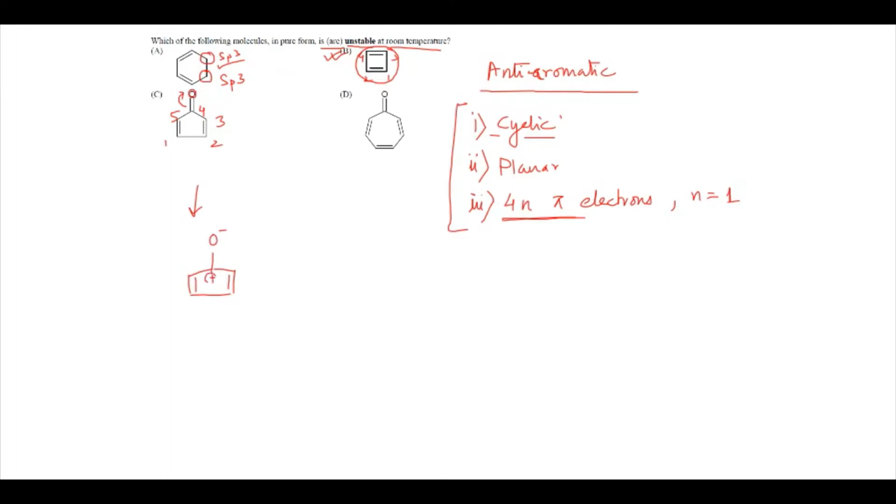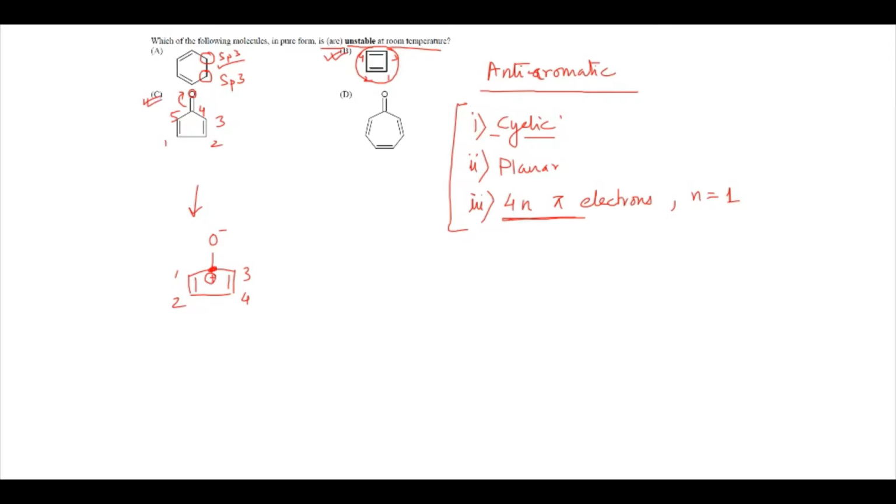Now if you check, it has a cyclic structure. It is planar because all the carbons are sp2 hybridized, and we have 4 pi electrons in this case also, 1, 2, 3, 4, because the pi electron from this carbon has been taken by the oxygen atom. So this one is also anti-aromatic and unstable at room temperature. So this is one of the correct answers.